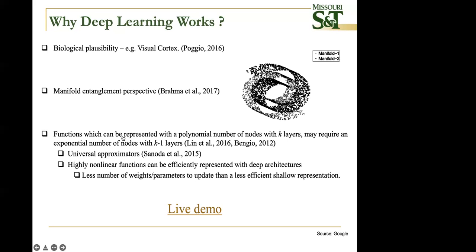Mathematically, we can also say that functions which can be represented by a polynomial number of nodes with k layers may require an exponential number of nodes with k minus 1 layers. That means if I use one layer less, I really have to go with an exponential number of neurons in each layer. Nevertheless, deep networks are universal approximators, and they can approximate highly nonlinear functions.